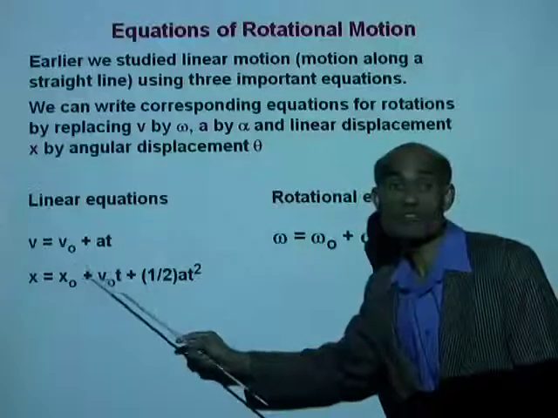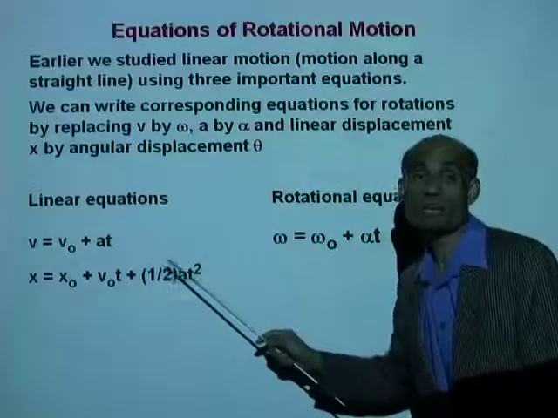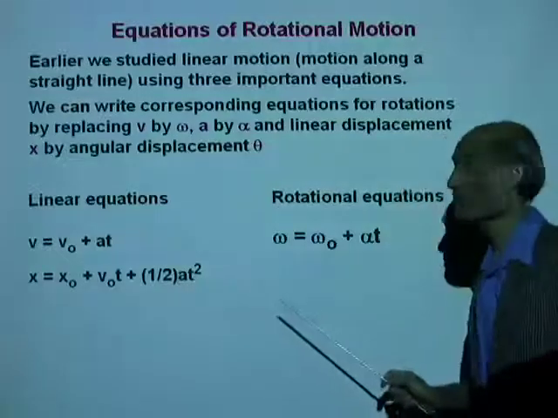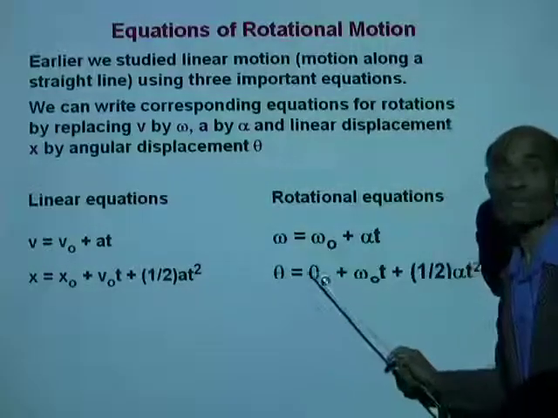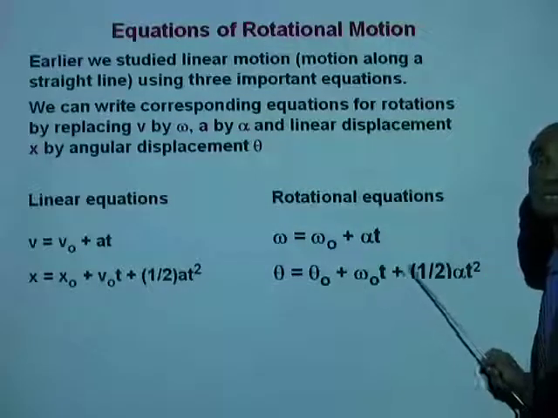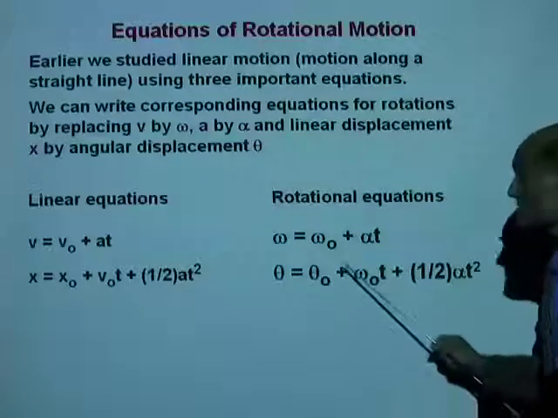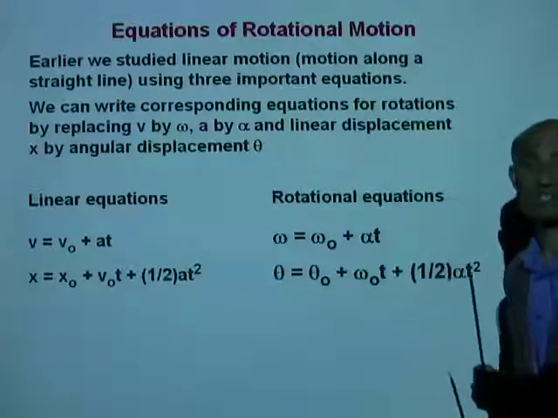X will be replaced by theta, v0 by omega 0, and a by alpha. We get theta equal to theta 0 plus omega 0 t plus 1/2 alpha t squared as the second rotational equation.